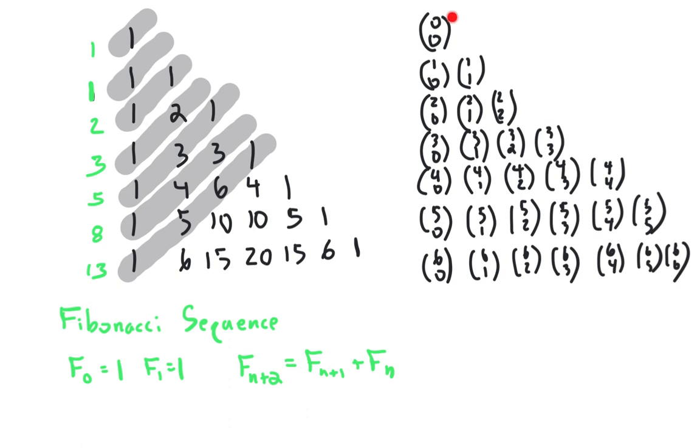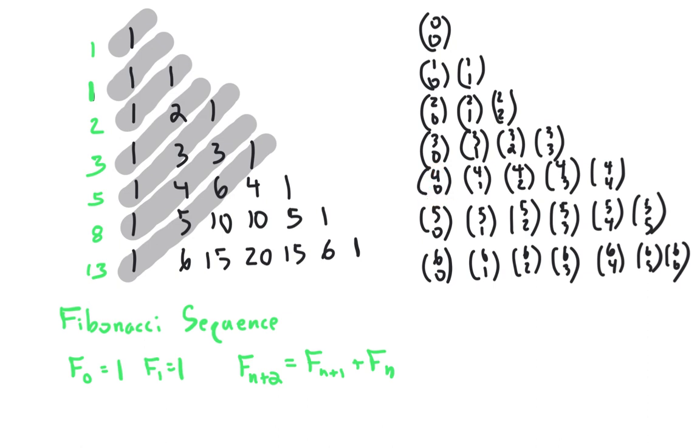So here we have 0 choose 0, and then this next one is just 1 choose 0. And here we have 1 choose 1, and 2 choose 0. Here we have 2 choose 1, plus 3 choose 0. And here we have 2 choose 2, plus 3 choose 1, plus 4 choose 0.